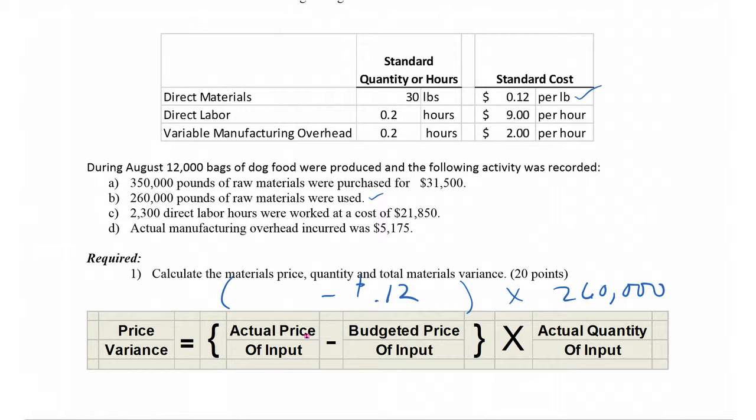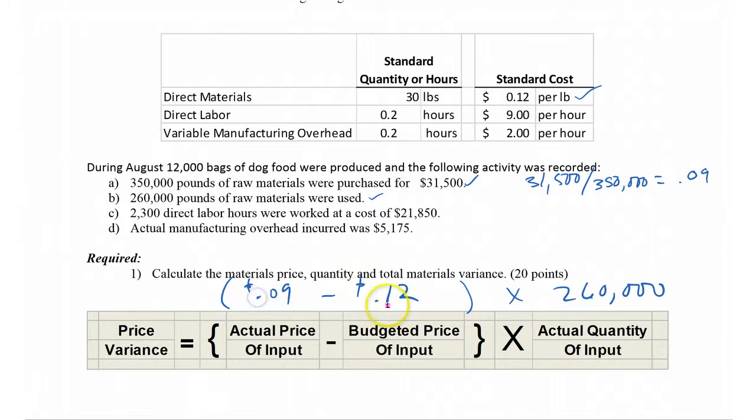We actually have to calculate that, and we can use this information right here. So it tells us we actually paid $31,500 for 350,000 pounds of raw materials, and that works out to be 9 cents. So the actual price was 9 cents.